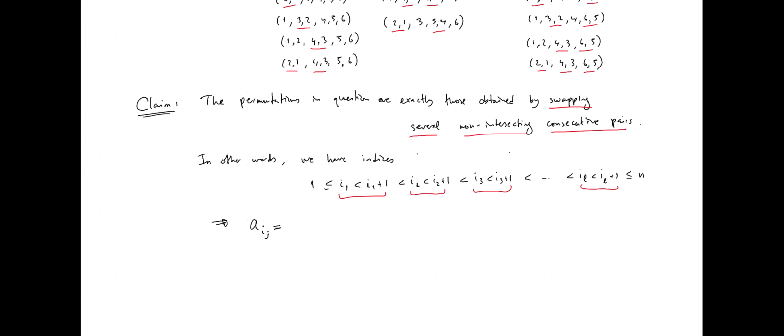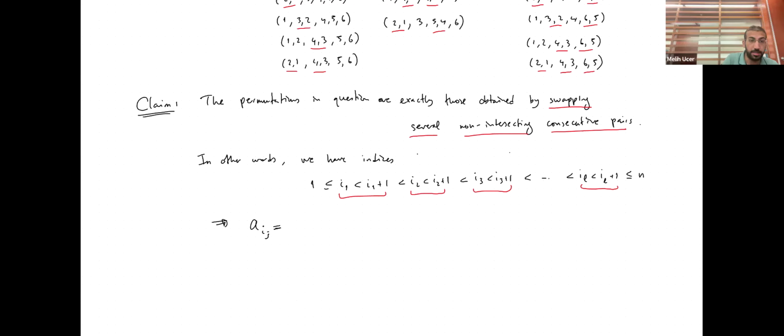Maybe we can say it better like this: if K equals Ij, then AK equals K plus 1. If K equals Ij plus 1, then AK equals K minus 1, which is Ij.